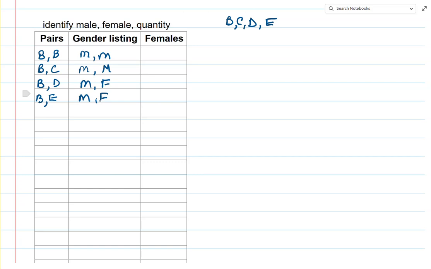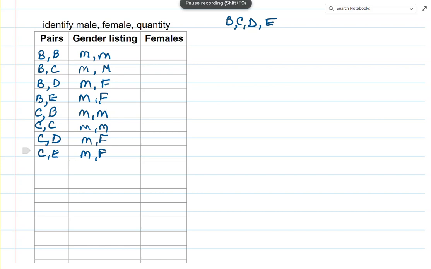Okay, so now we did the B, we're going to do the C. So we can have the CB, the CC, the CD, the CE, and that's it. Sorry about that. In this case, we have male and male, male and male, male and female, male and female.